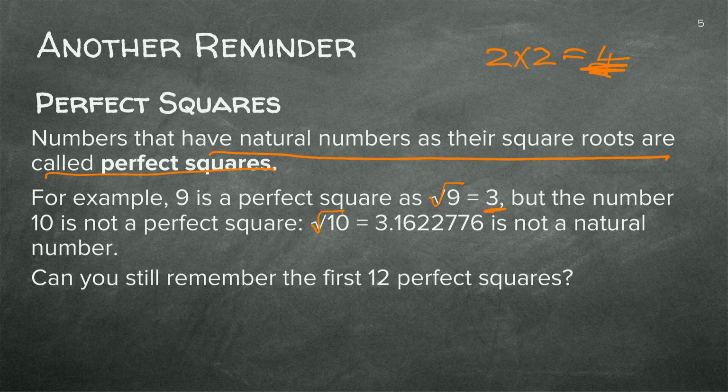Because 3, the perfect square is 9, and 4 is 16. 3 and 4 are natural numbers. So we know that in between there's 10, but then it will not be a natural number. Got it? So now you can work on your calculator and try and work this out.